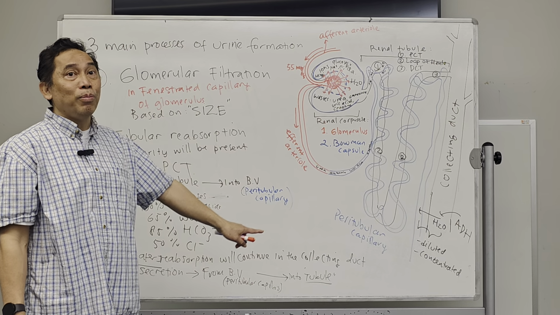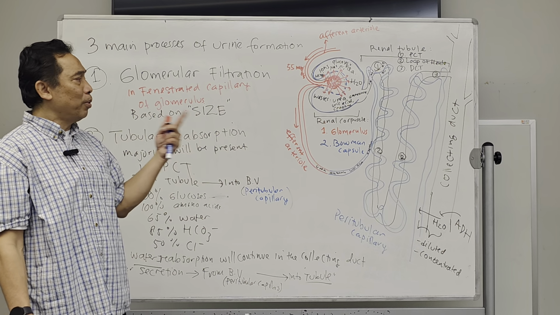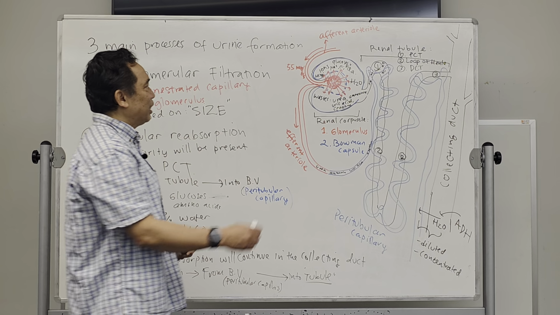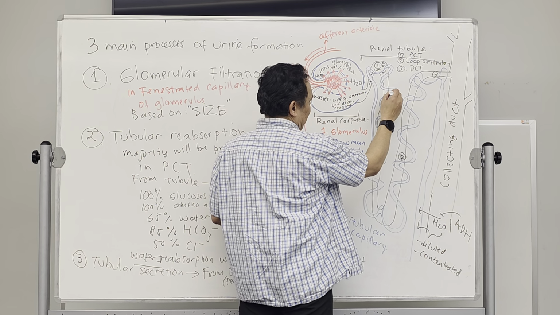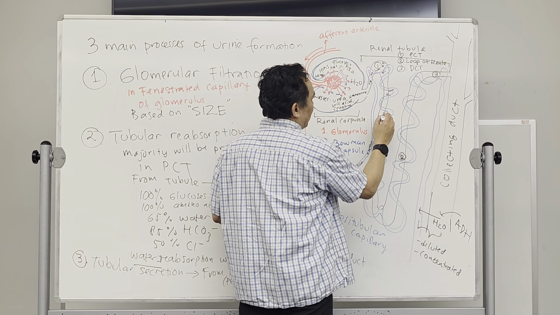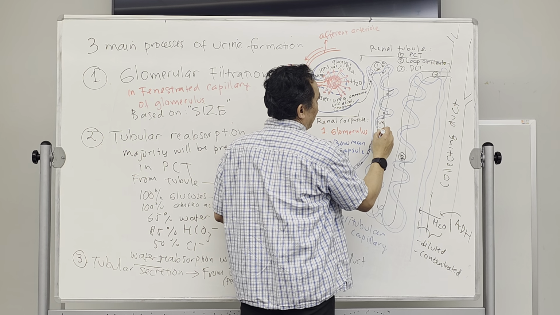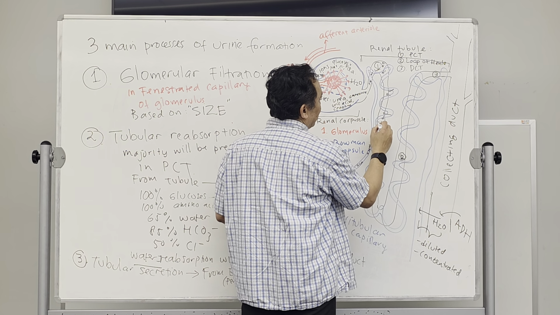So secretion is removing the waste, reabsorption is reabsorbing the important substances. So it's from the blood, which is this peritubular capillary. The ammonia, urea, uric acid will be secreted.